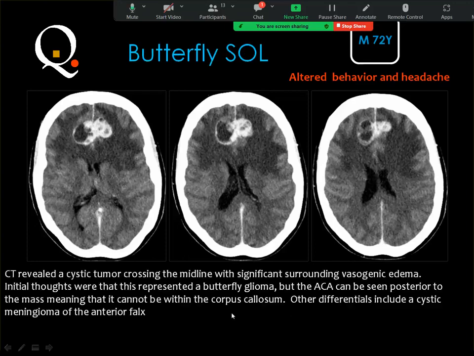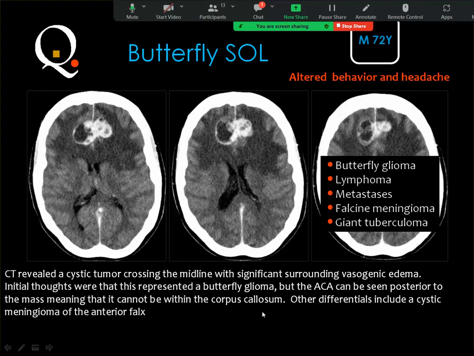And the butterfly space occupying lesion can fit for many of the diagnoses, like butterfly glioblastoma multiforme, lymphoma, metastasis, meningioma sometimes, and giant tuberculoma is included in the differential diagnosis.